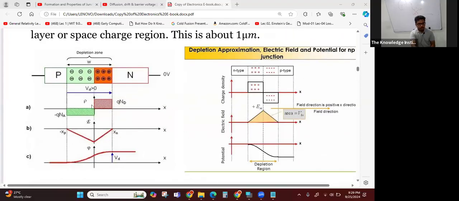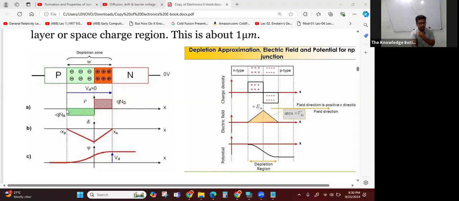Okay, so here you can see in the depletion region, here more plus charges, so plus potential. Here more minus charges, so minus potential. At the mid of the depletion region, you can consider it zero potential. And the variation of electric field: here the field is zero because this p-type region is neutral, right?